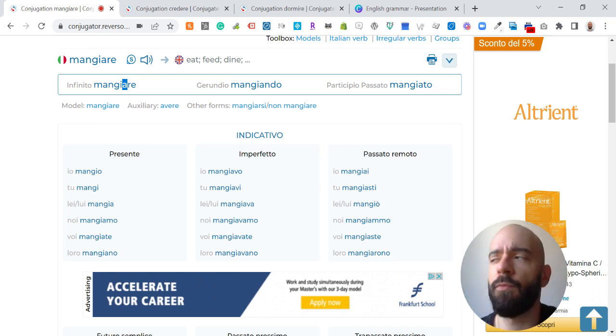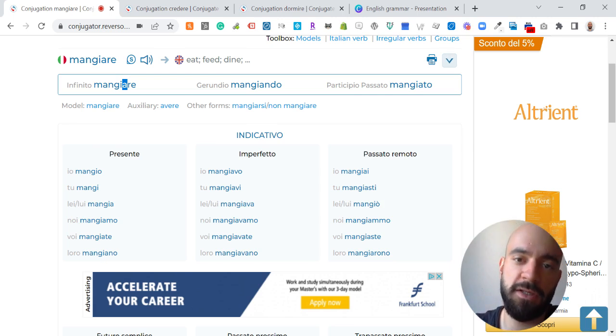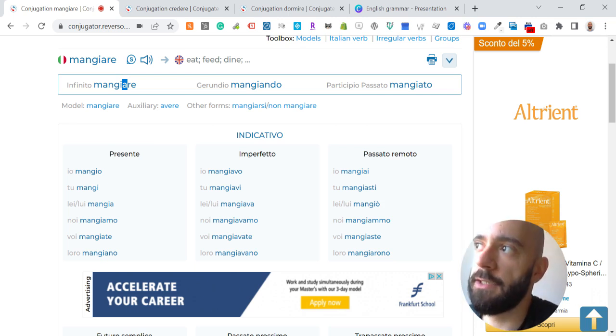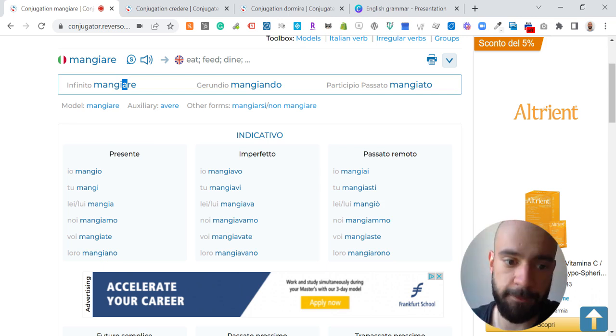You will see that in Italian we have lots of exceptions, so a verb can be conjugated differently, and I will show an example in a second. But overall, if you follow this in your mind, if you try to derive a conjugated verb from an infinitive and you guess it following this lead, you will be fine. Okay, people will understand you even though you're dealing with an exception, right?